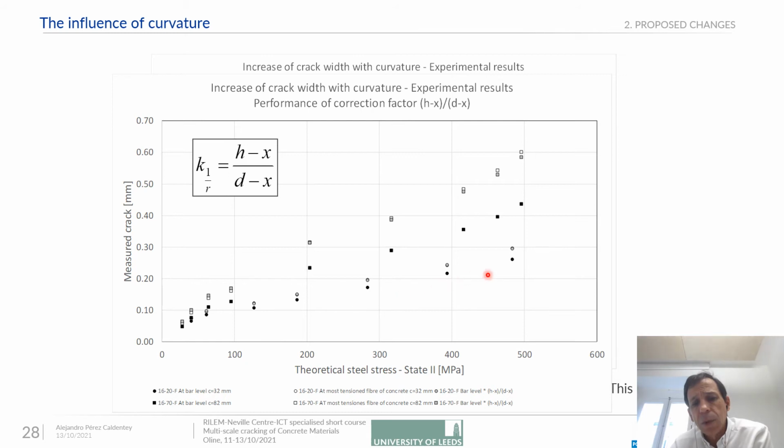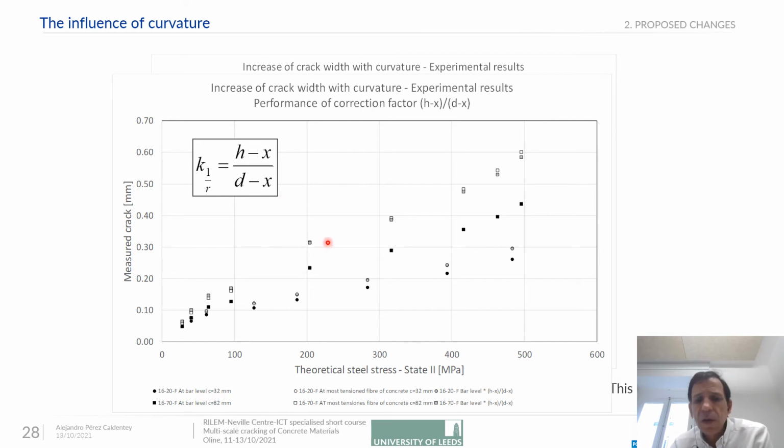And the black symbols represent the measured crack width at the level of the reinforcement, whereas the white symbols represent the measured crack width at the most tensioned fiber. And the gray symbols are obtained by multiplying the value of the black symbols by this correction factor.